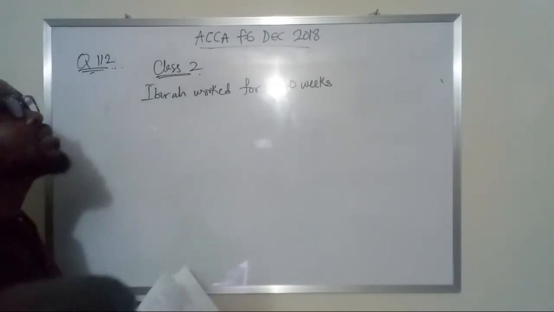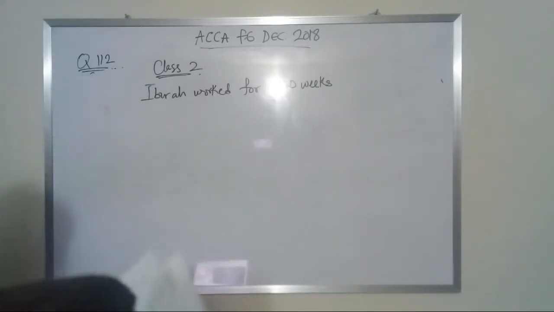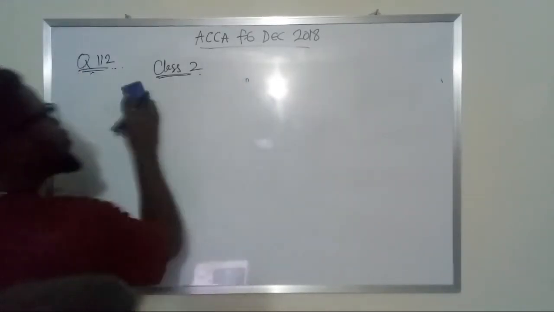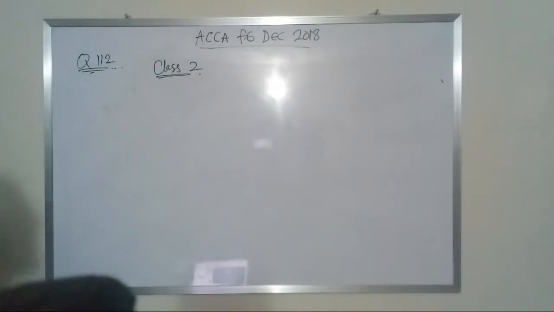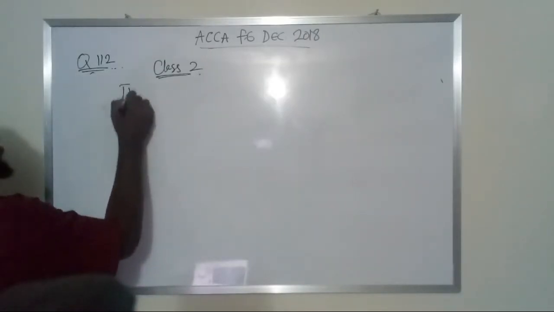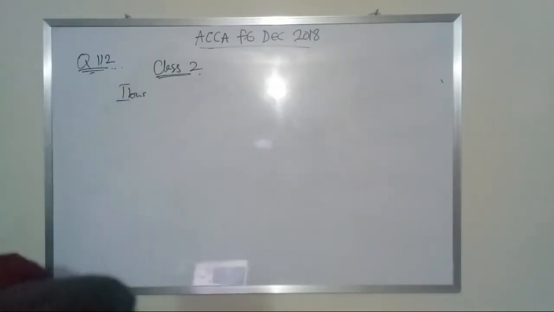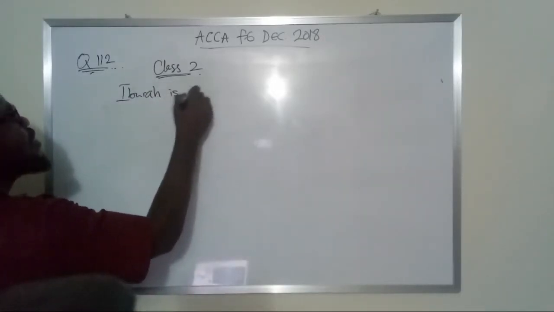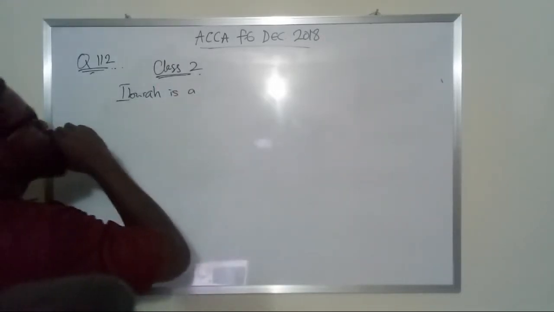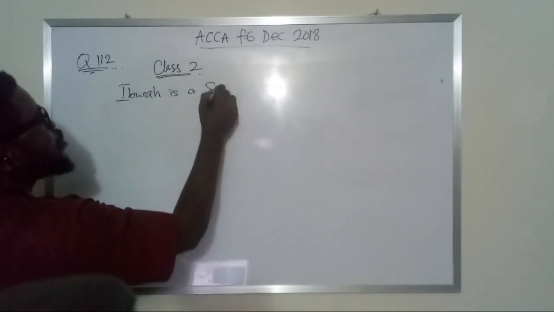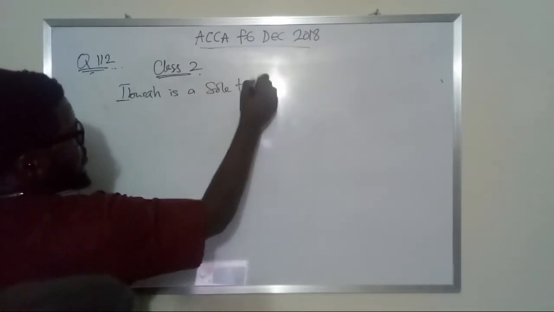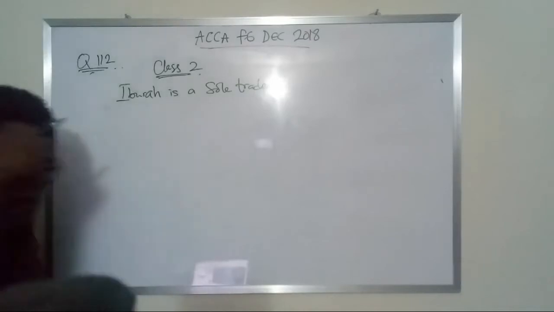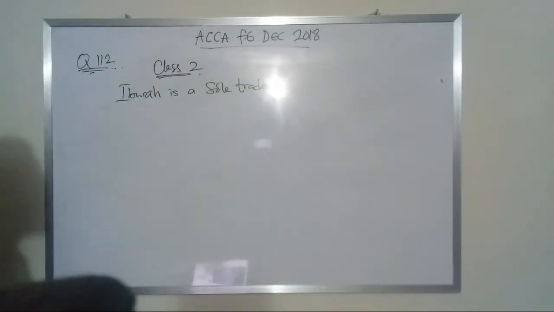Let me twist this question a bit. Ibra is a sole trader, because class 2 and class 4 are for those doing business.